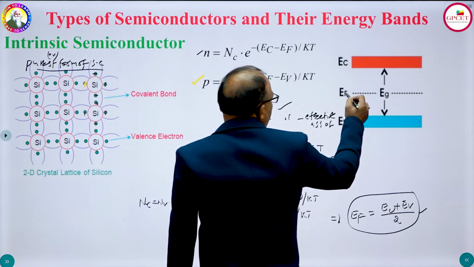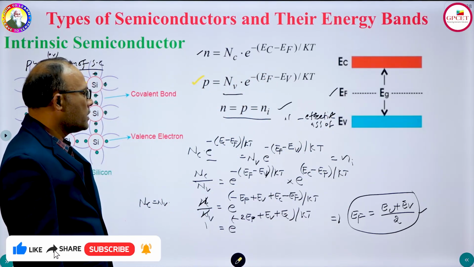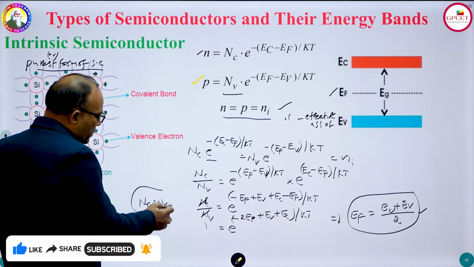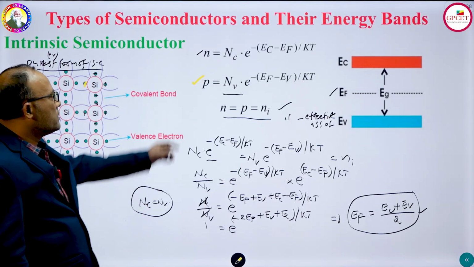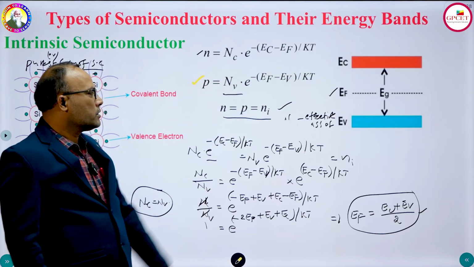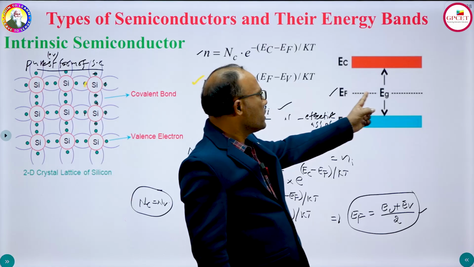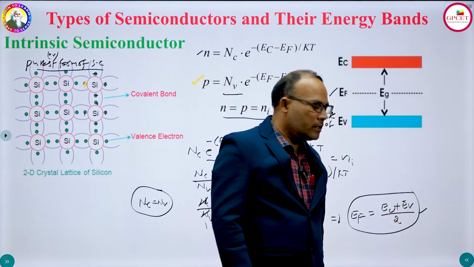This is the Fermi level for intrinsic semiconductors, lying at the center point, because Nc is equal to Nv, effective mass of electrons is equal to effective mass of holes, as concentration of electrons is equal to concentration of holes. So the Fermi level lies at the center point between conduction band and valence band, given by Ef is equal to Ec plus Ev by 2.